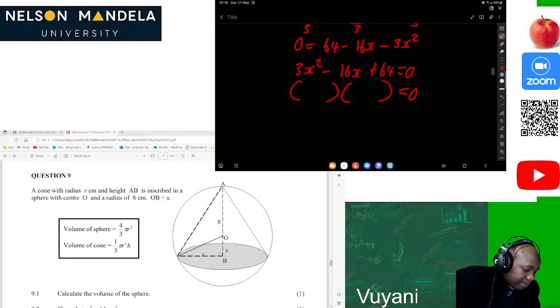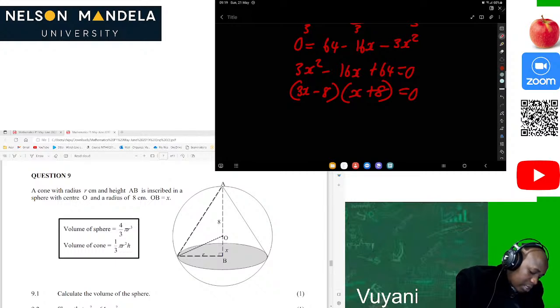So this will be 3x and also x this side, so this will be 3x. Then we also have x. This should be x plus 8. Then for the 3x, this should be 3x minus 8.